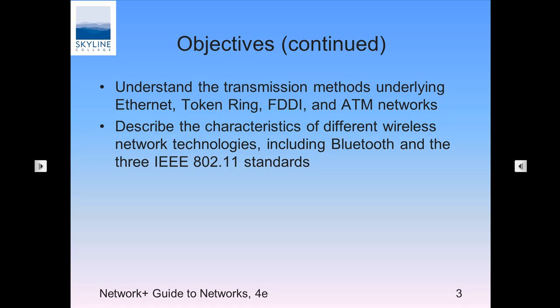So wireless is an area that the Network Plus has started to focus more on. Because honestly, before these newer standards and the newer security, what did you use wireless for?